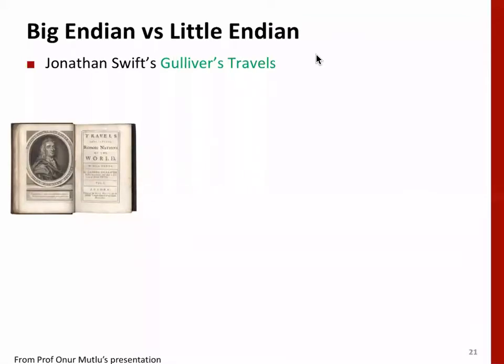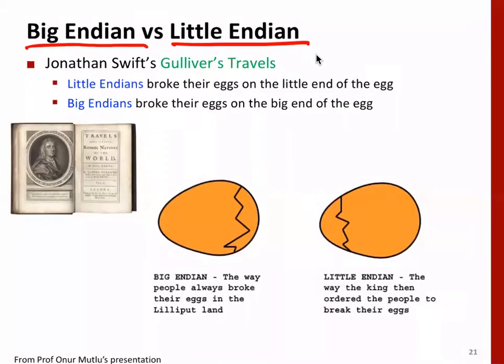Okay, now let's look at another concept, which is called big endian versus little endian. I am sure you would have read this somewhere or other. This name comes from Gulliver's Travels. I'm sure you would have read this book. There are 2 ways of breaking an egg. Little endians broke the egg from the little side.